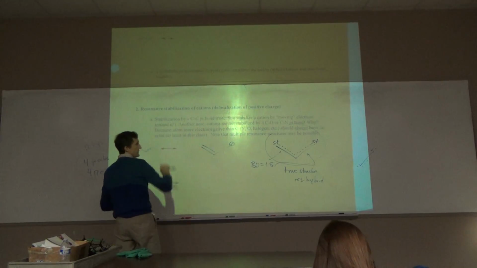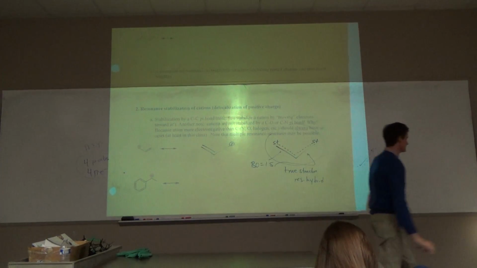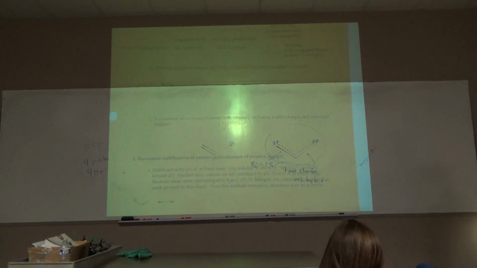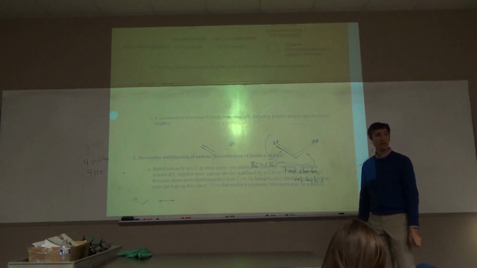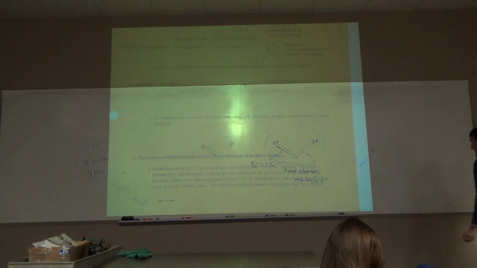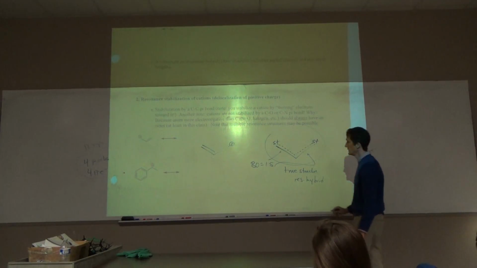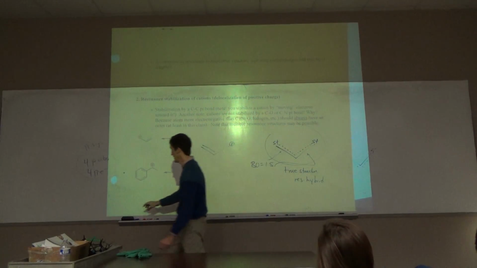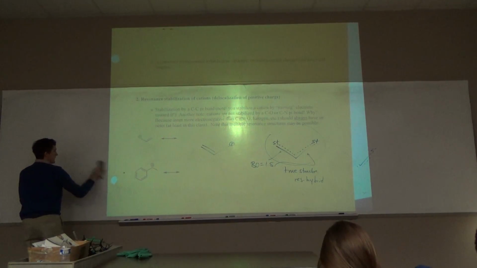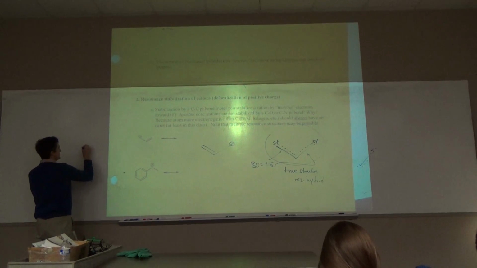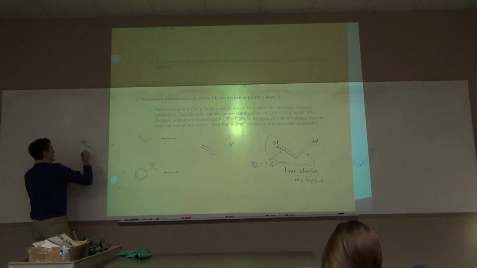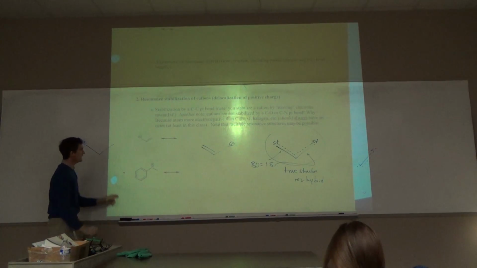And at the very top, another name for resonance is what? I think it says delocalized bonding. Okay. That's largely referring to charges, delocalizing the charge. One thing we can maybe compare this to, this cation. Which cation is more stable?